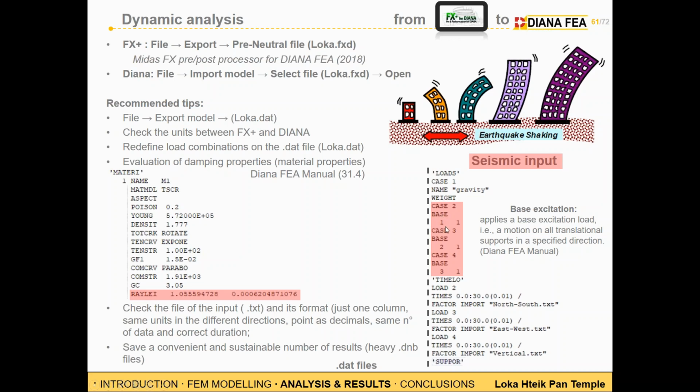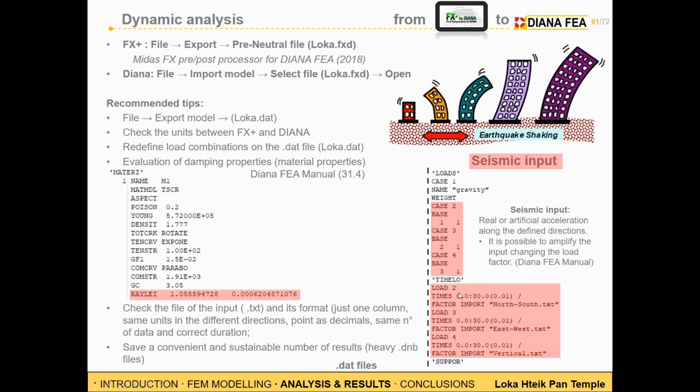The first number is the direction along which we want to apply the seismic input, and then the second number, that is 1 in this case, is the amplification factor we want to apply. In this case, it's 1 because we want to apply the real earthquake, such as the Chalk earthquake.